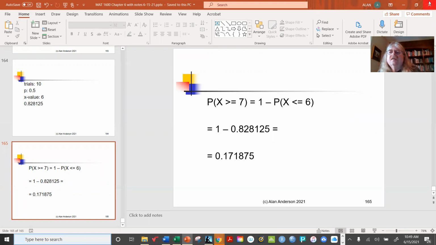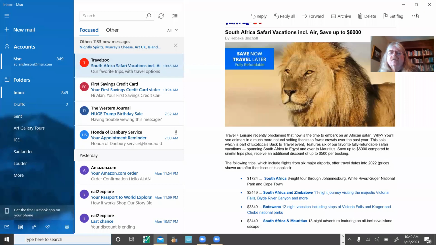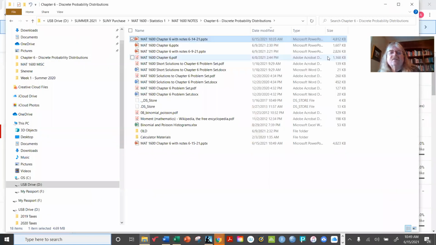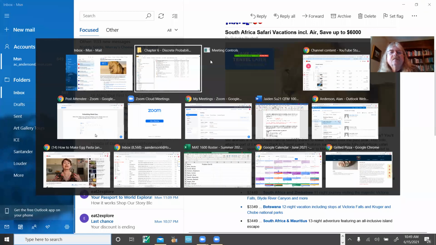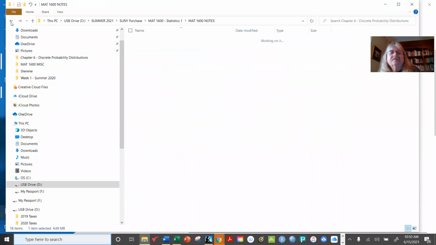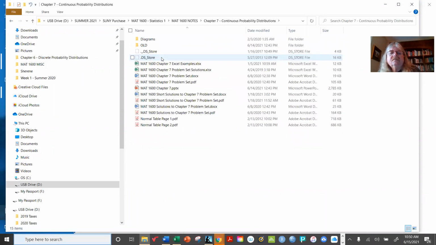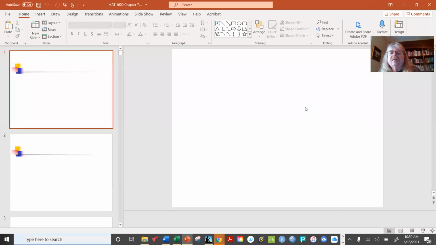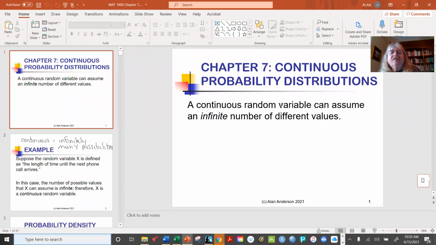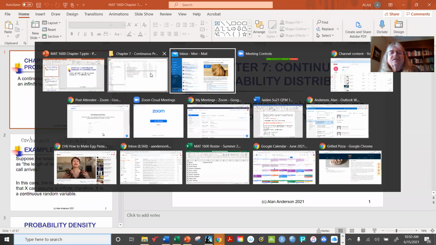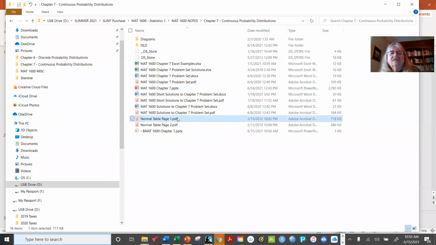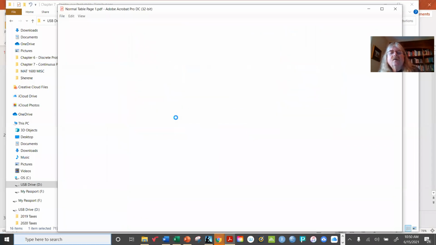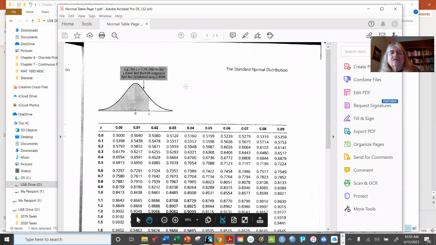Okay, so it's a very different scenario when we're dealing with continuous distributions. Let me show you the important ways in which they're different. And when we're done, by the way, we're going to introduce what is likely to be the most important probability distribution in every discipline out there that uses statistics. And that is what's known as the normal distribution.